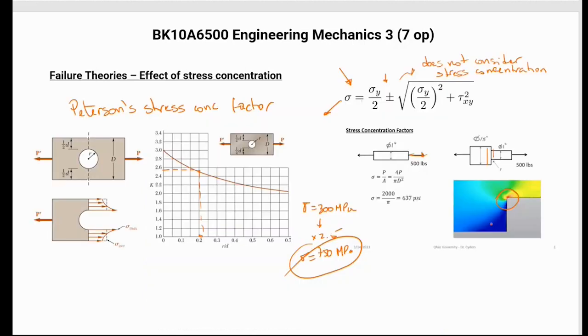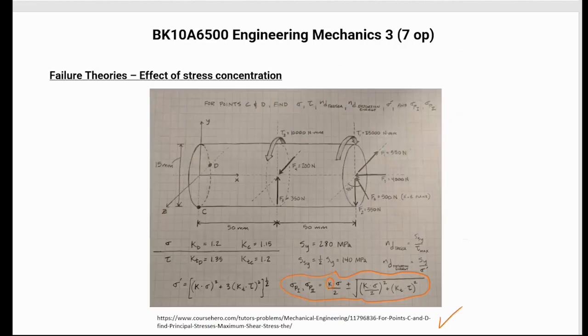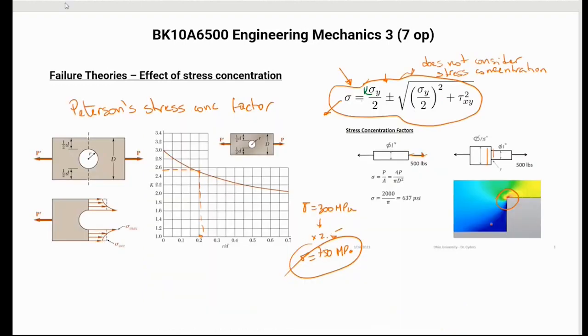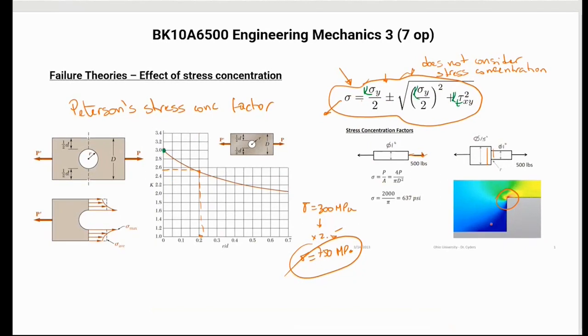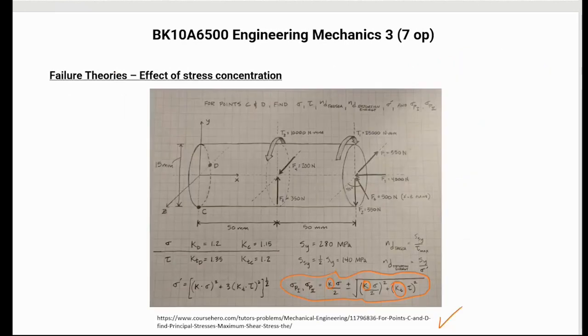This is the very same formula as this one here to find the principal stresses, but they have this K here: K for the normal stresses and KT for the shear stresses, meaning that every stress that you calculated in your stress tensor has to be multiplied by a K, a multiplier that tells you, hey, that's not the stress, actually; you have to consider that there is an increment. Increments that can go up to 3 times. Imagine this, 3 times. Here it is 2.8 times the value of the stress that you're estimating. So we have to be careful with this.